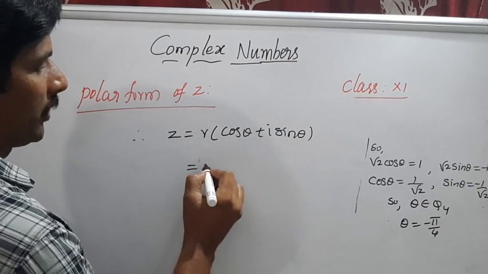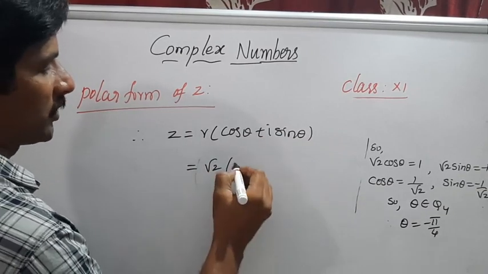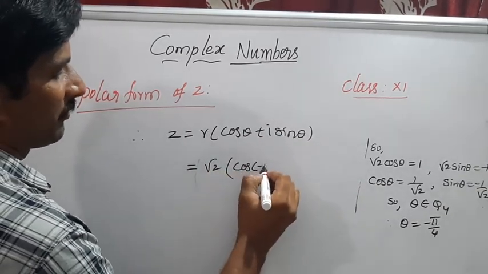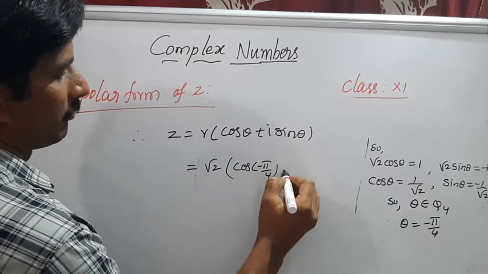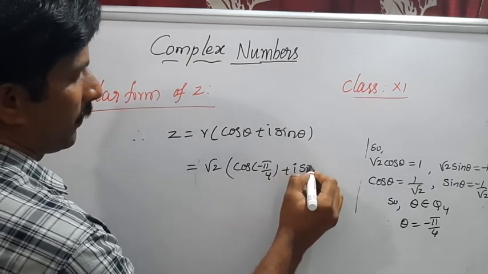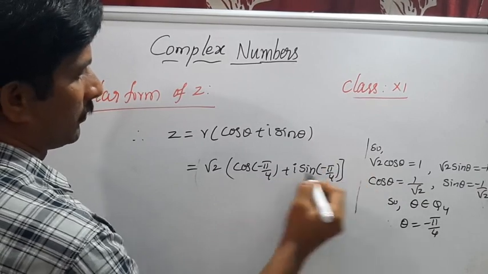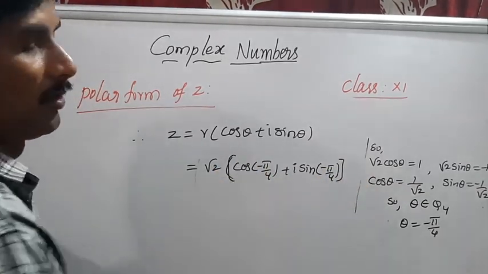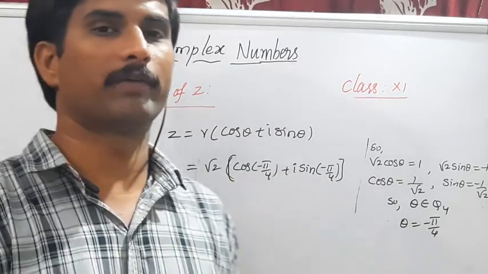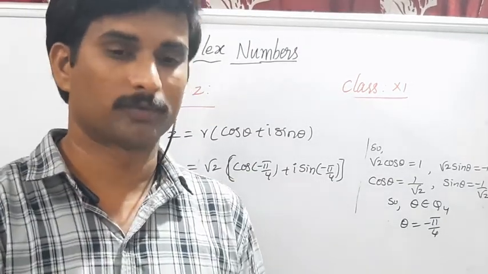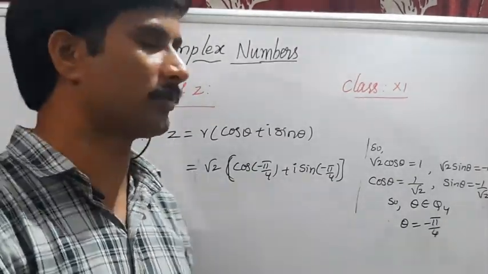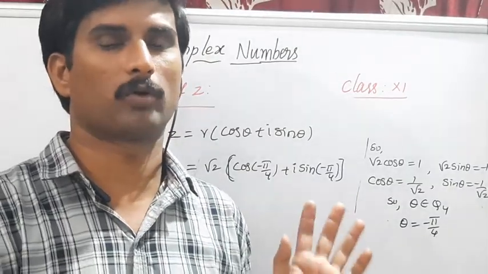So r value we have root 2, cos theta means cos of minus pi by 4, plus i into sin of minus pi by 4, which is the polar form of the given complex number. So we can practice similar problems by taking some more complex numbers.